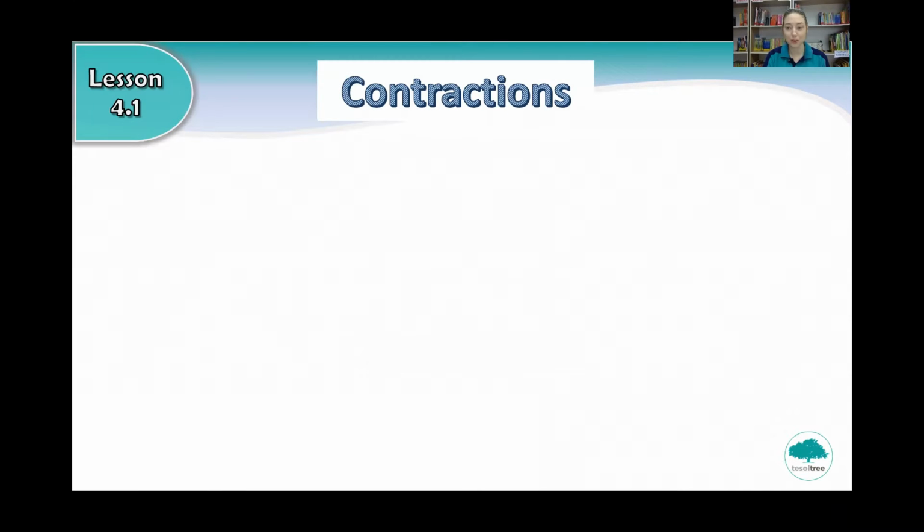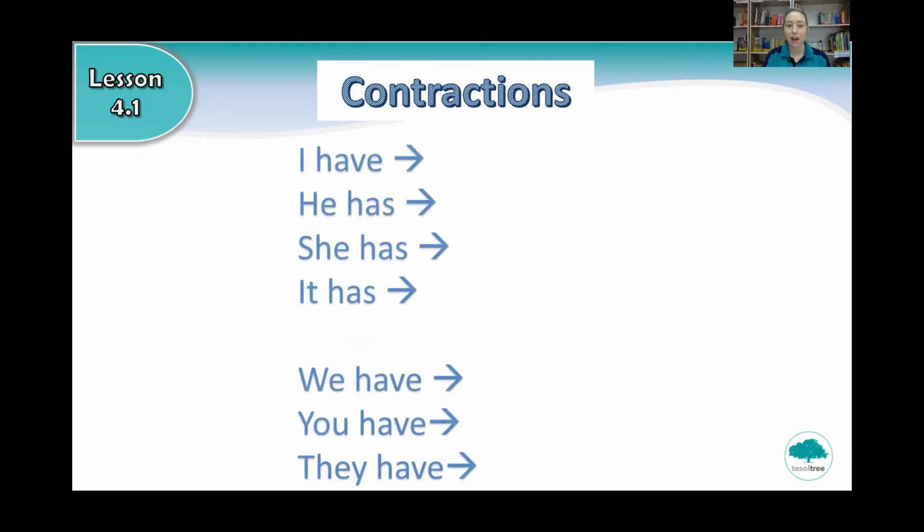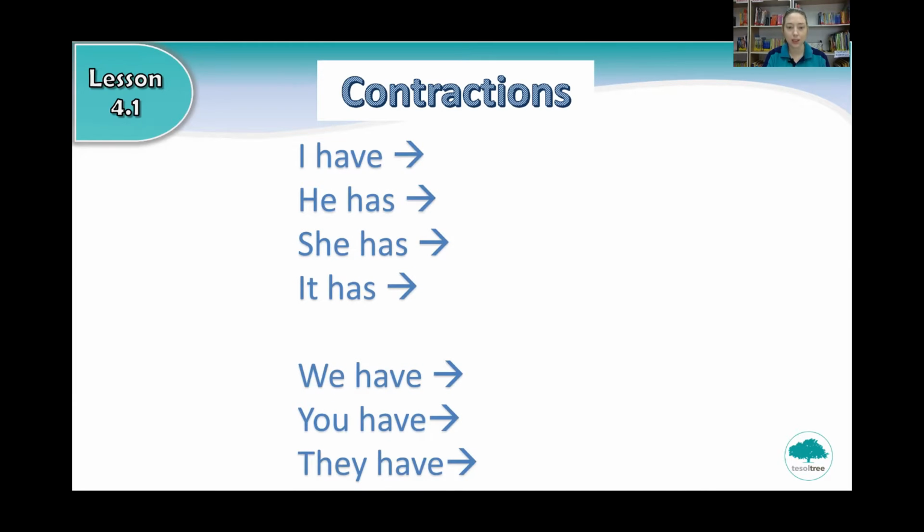Okay, so we have contractions. I have, he has, she has, it has, we have, you have, and they have. What is the short version of I have? That's right, I've. Can you say I've? Very good.